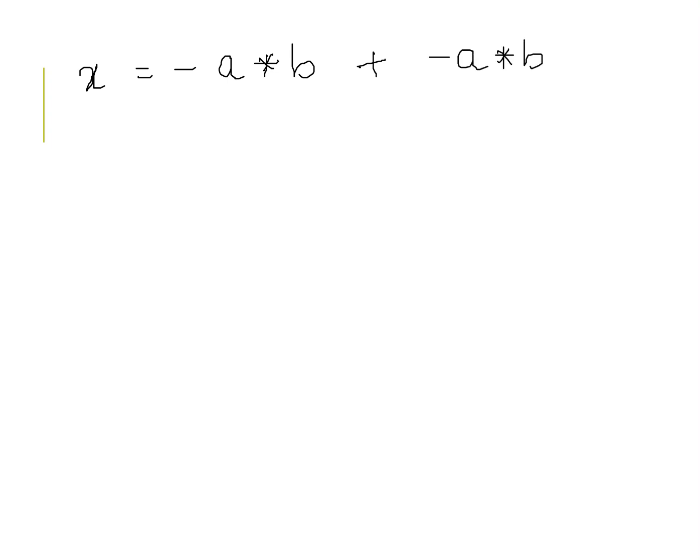So let us identify the common sub expression. If you observe, this is unary minus a into b and this is again unary minus a into b. So this is my common sub expression.